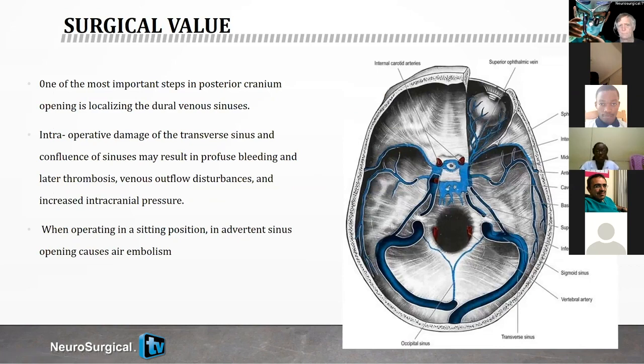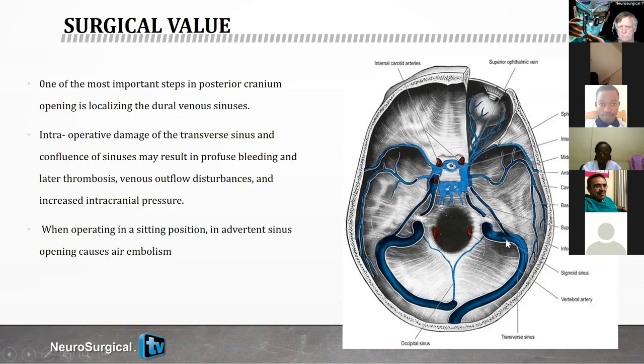Now, talking about the surgical value, one of the most important steps in posterior cranium opening is localizing the dural venous sinuses. As seen before, the posterior fossa is made up of 4 to 5 main venous sinuses, amongst which we have the transverse sinuses, the superior sagittal sinus, the occipital sinus, and the inferior petrosal sinuses.